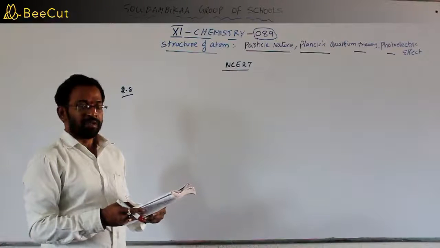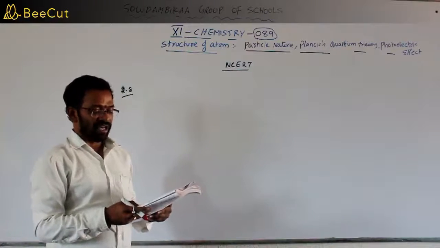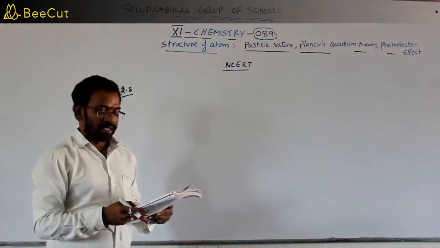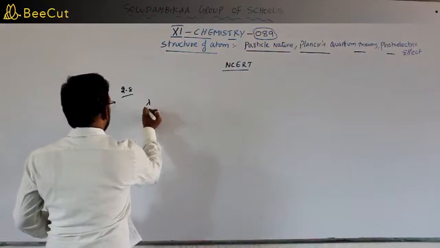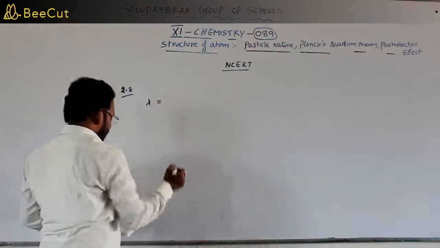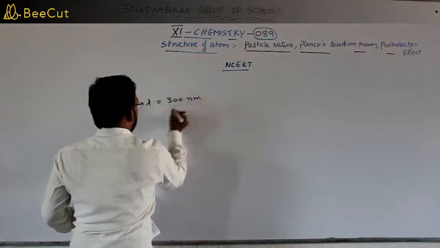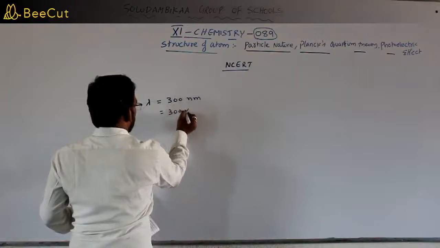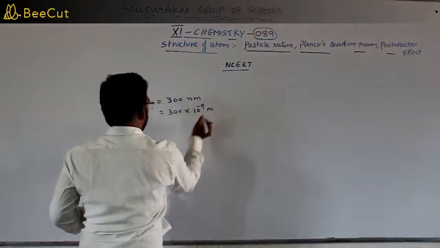Now here, the information given is the wavelength of incident radiation and the kinetic energy of the photoelectrons. The wavelength of incident radiation, lambda, is 300 nanometers. That means 300 into 10 power minus 9 meters, converting into meters.